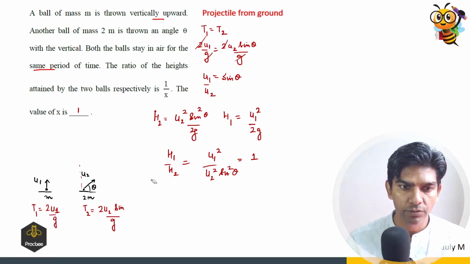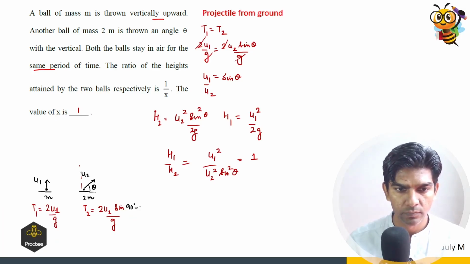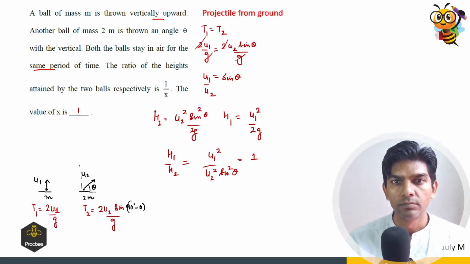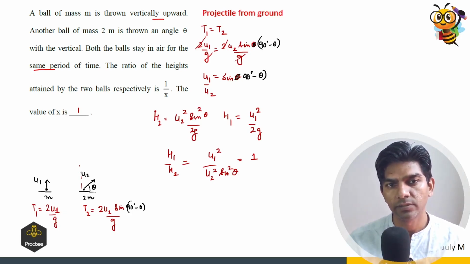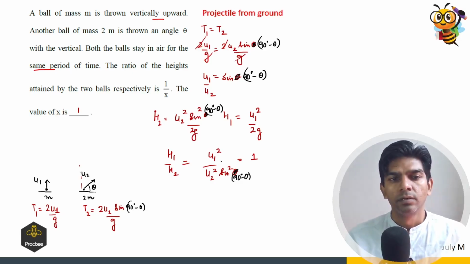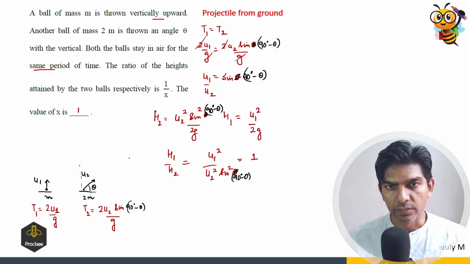So this should be 90 minus theta, this is also 90 minus theta, 90 minus theta. So we'll get the same answer even in this case.